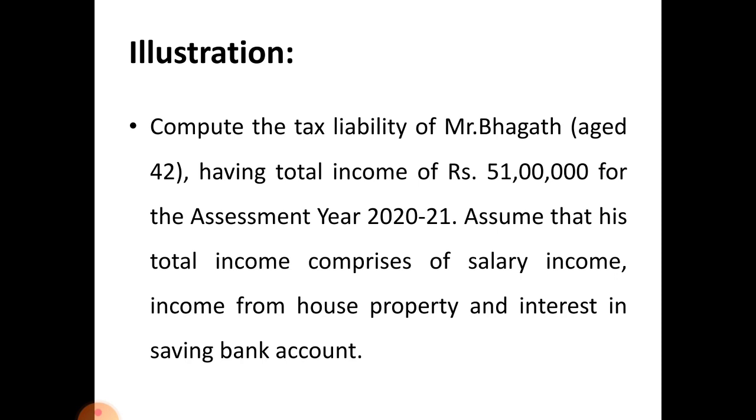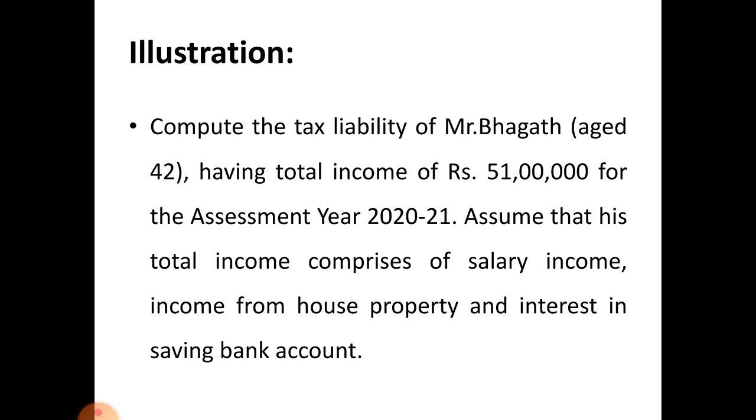See this problem. Compute the tax liability of Mr. Bhagat aged 42 having total income of rupees 51 lakhs for the assessment year 2020-21. Assume that his total income comprises of salary income, income from house property and interest in savings bank account.